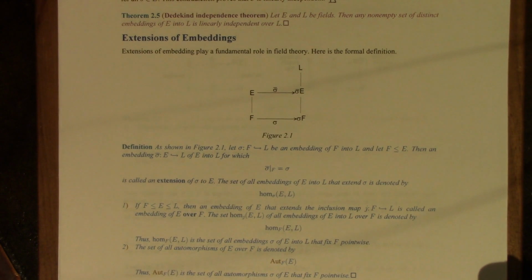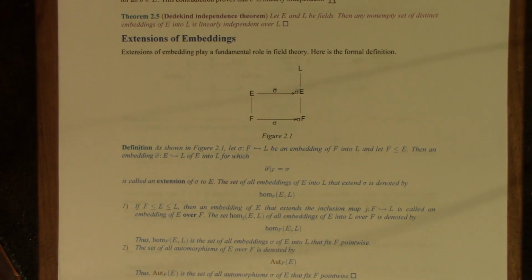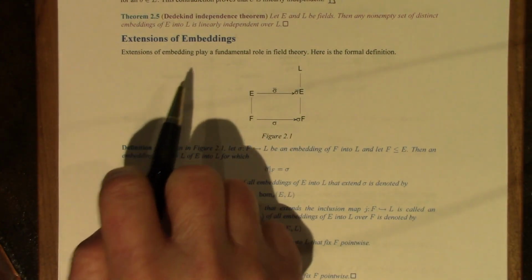Now, embeddings themselves are only a tiny portion of the story. It is extensions of embeddings that play a major role in our theory. Extension in the sense of one function being an extension of another, something you're probably familiar with, but let's go over it anyway.